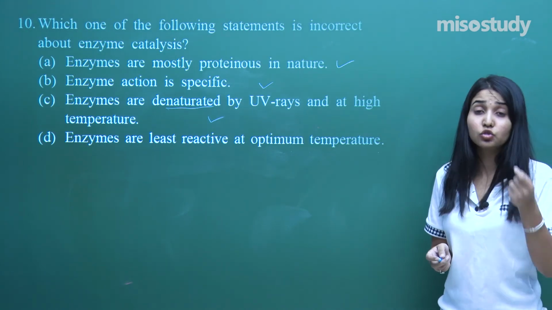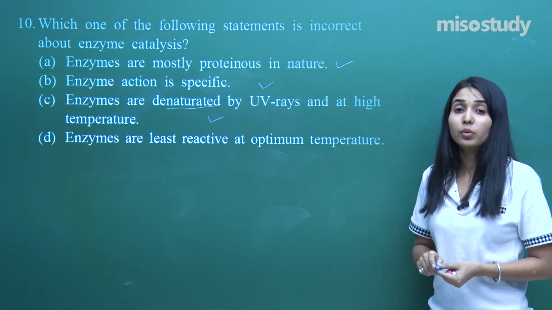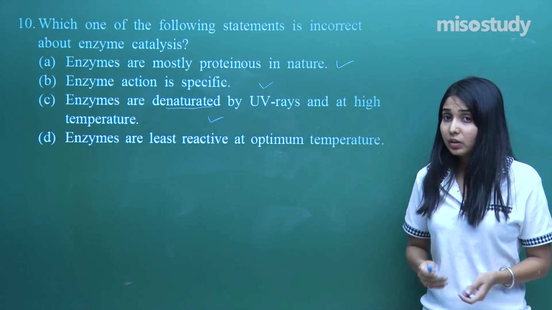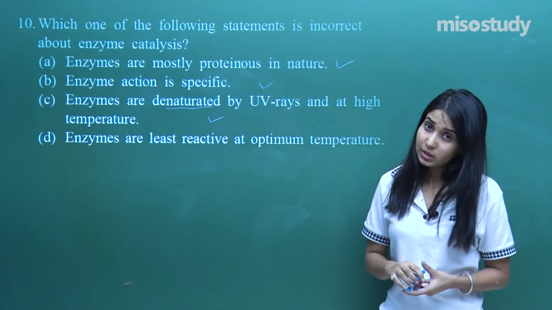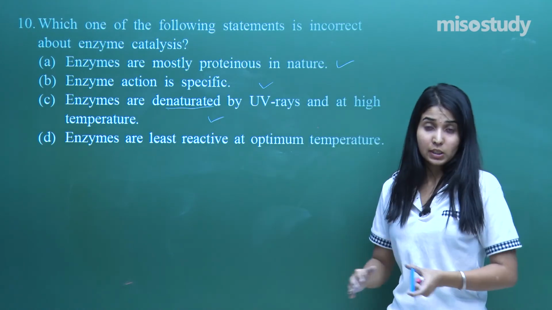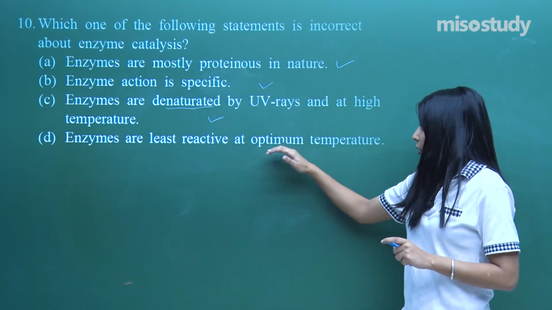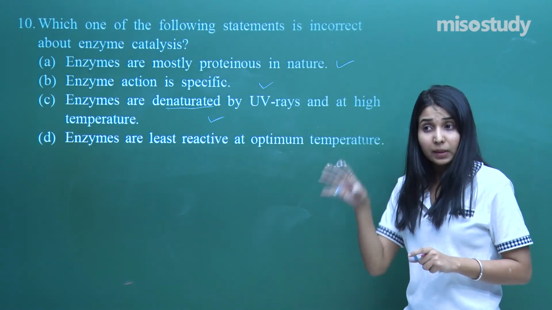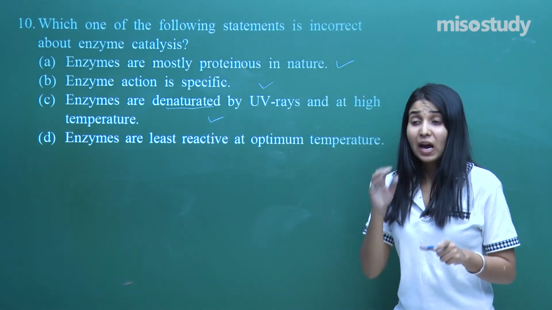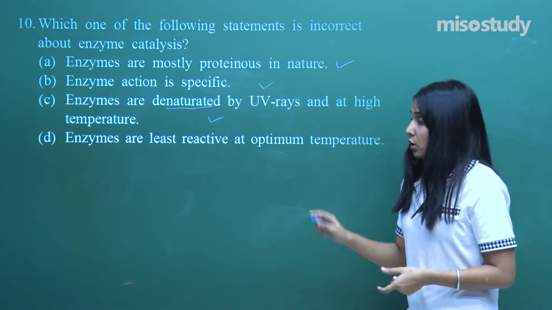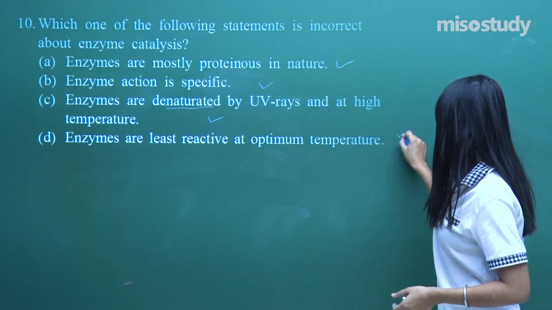Well, this is just the opposite of what we are told, because we know that enzymes have the tendency to be the most reactive at the optimum pH, optimum temperature and the other conditions. What is optimum? That is nothing but the particular temperature at which we see the maximum activity of the enzyme. So of course this is the one which would be wrong.